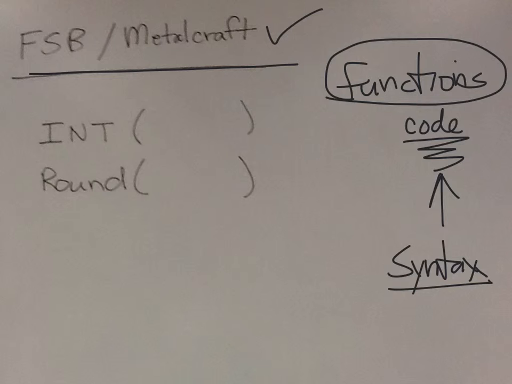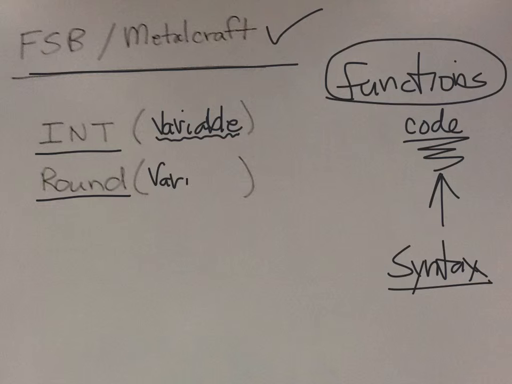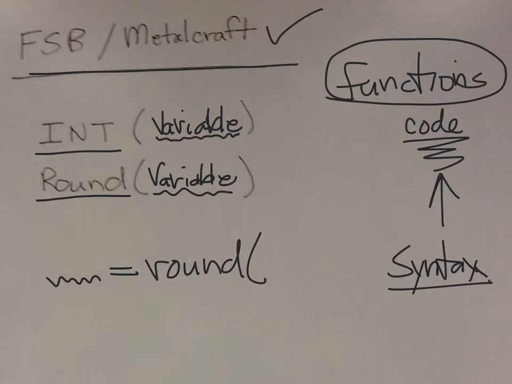A couple of functions. This one would take the integer of whatever number is here. Now most of the time what's stored there will be a variable that has a value in it. Same thing with the round function. Here we have a variable that has some value stored in it. So you could have a variable here equals, and you're going to round this particular variable, or whatever value is stored here.